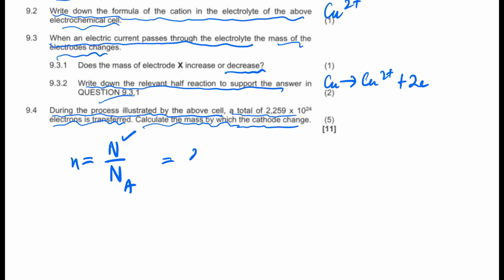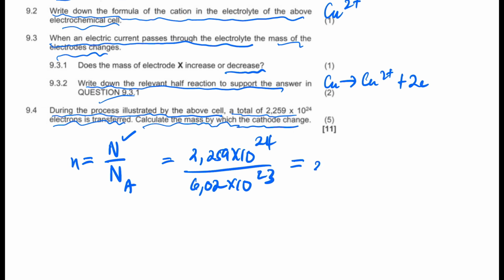So we're going to use the 2.259 times 10 to the power 24, and we divide it by the Avogadro constant. We're changing it into number of moles. So the answer there will be 3.7525 mole.